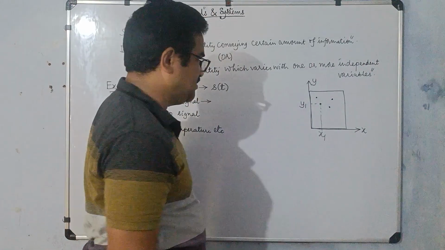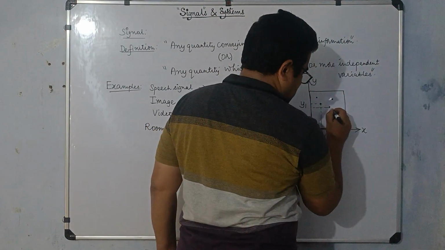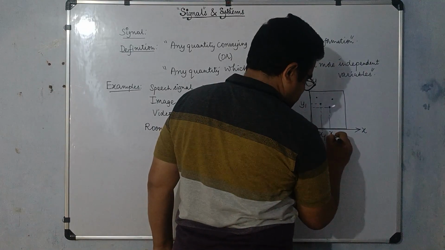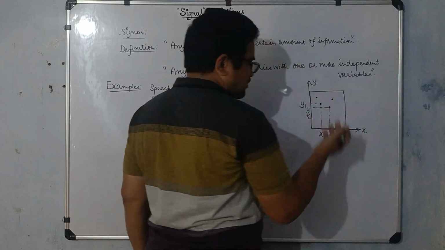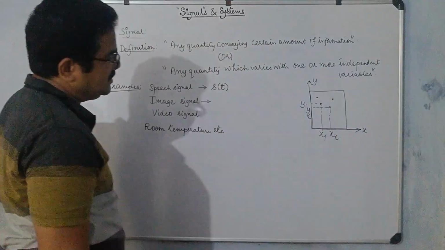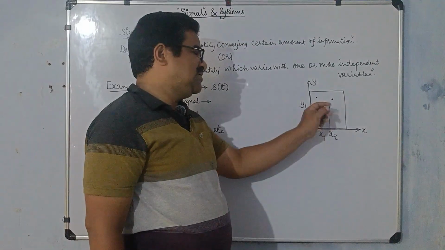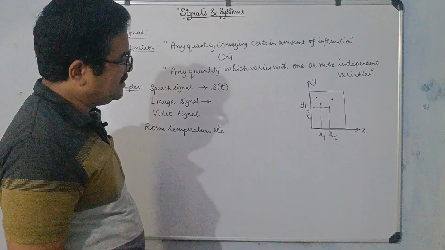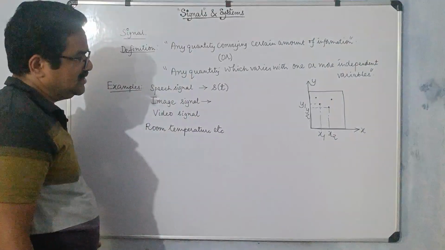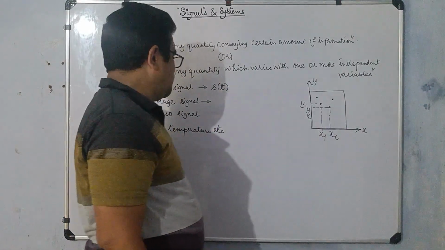If it is a color image, at this point, let us say x2 and y2, it may have some other color. Or if it is a black and white picture, then its color may be white or black, and so on. The intensity of the point keeps on changing.